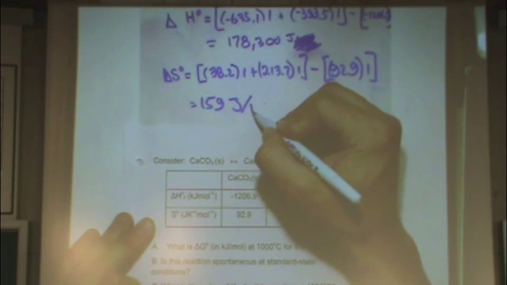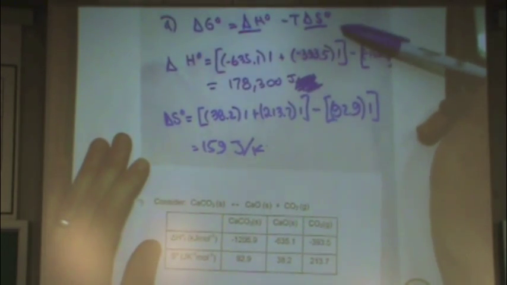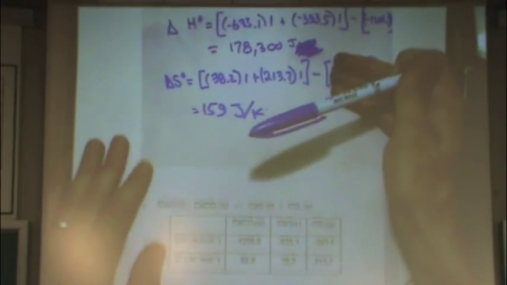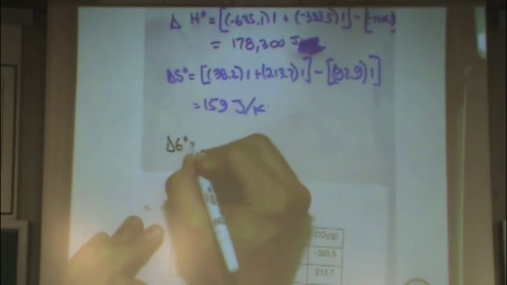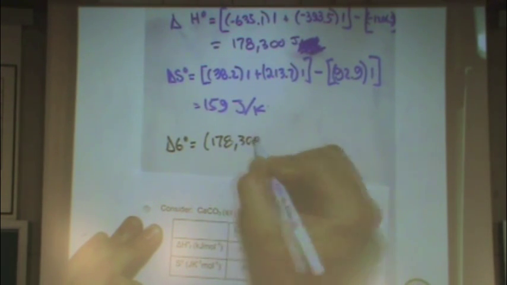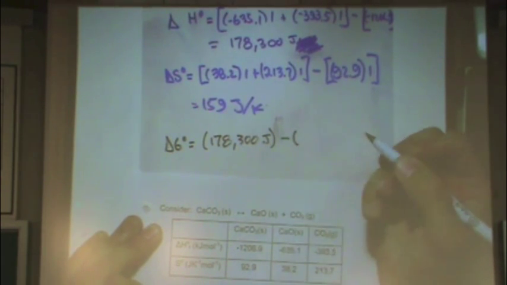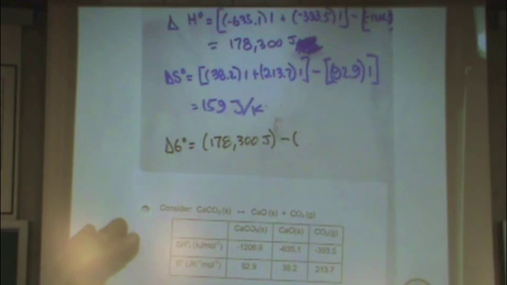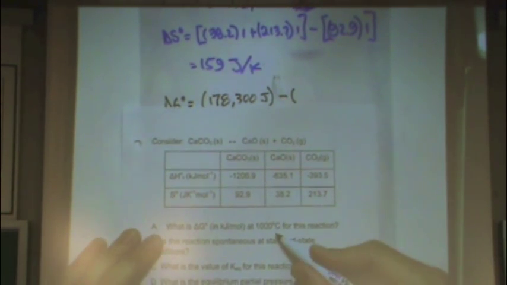Okay? So now to find delta G, I'm going to use the formula at the very top here. Delta G standard is delta H, 178,300 joules, minus T, that's given in the question right there.